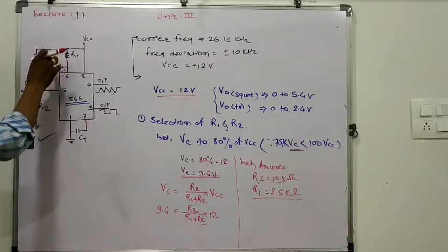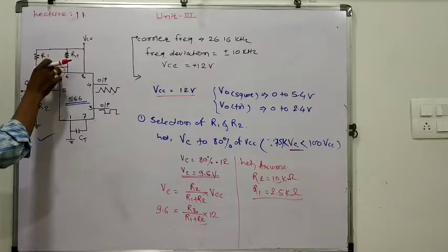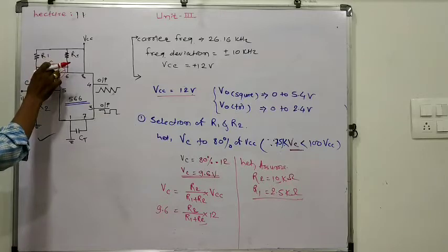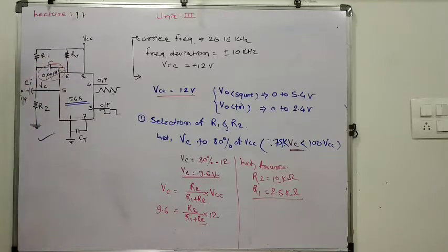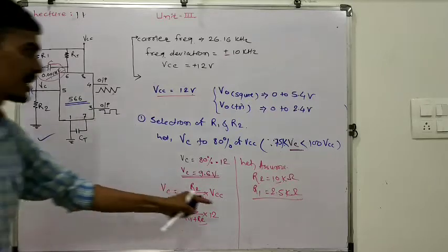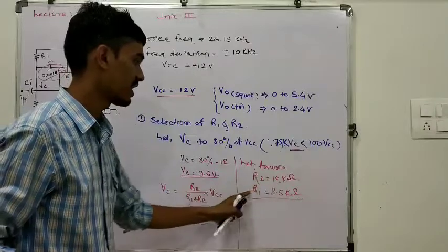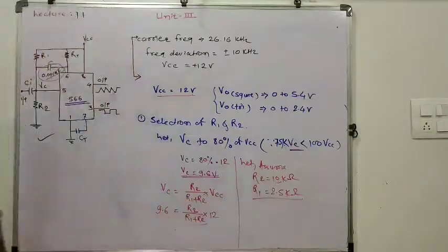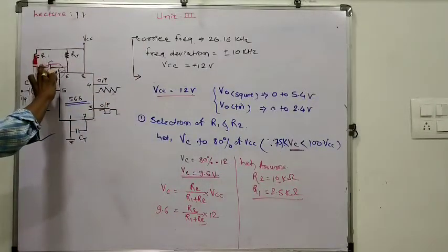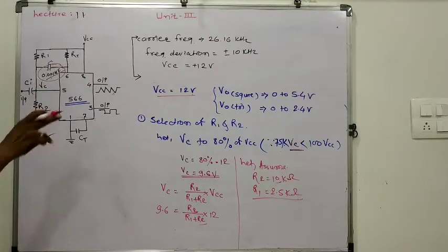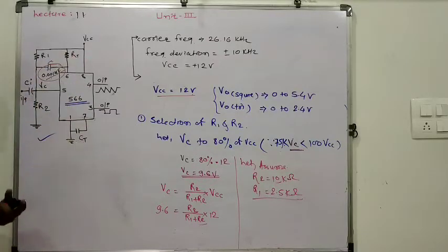In this case, we already told that this capacitance is used to reduce the internal oscillating frequency. For that, this capacitance must be connected and its value is equal to 0.001 microfarad. That I already told in the previous lecture. So here we are getting the values, R2 as 10K and R1 is equal to 2.5K. Now there are another two unknowns, that is RT and CT, and these can be calculated from the carrier frequency.